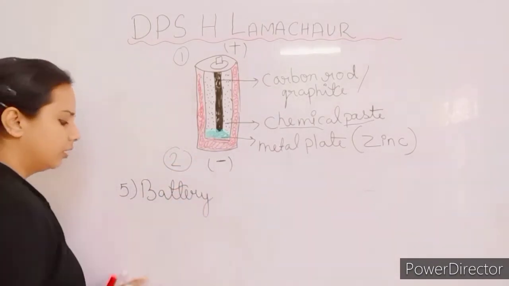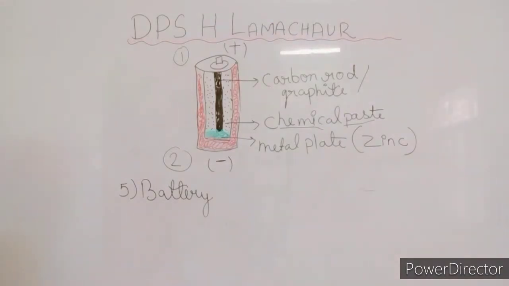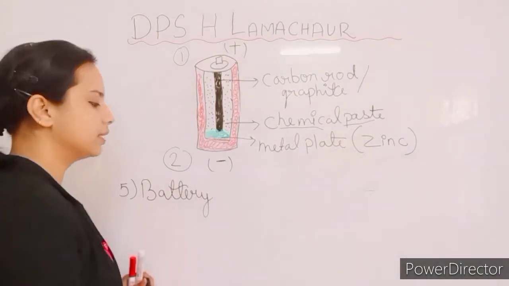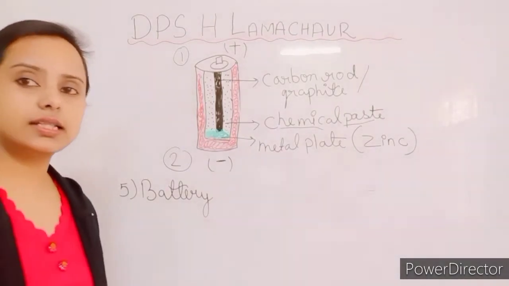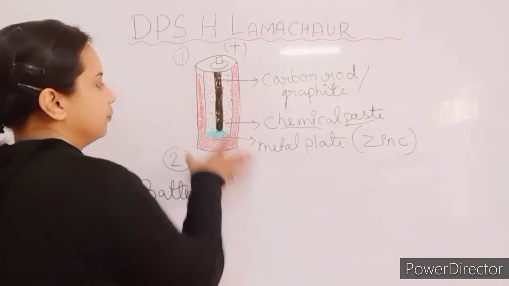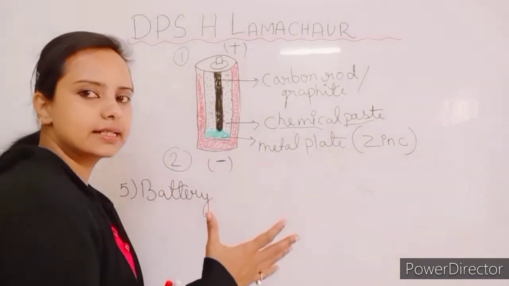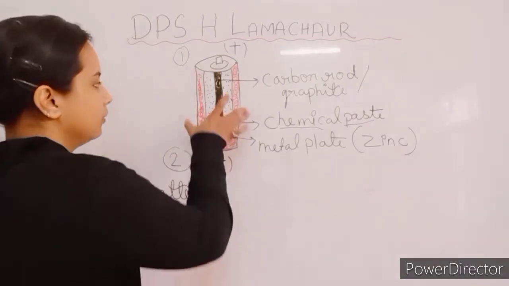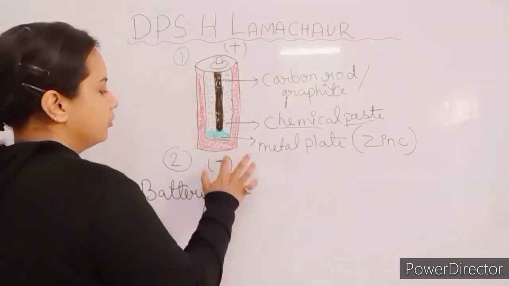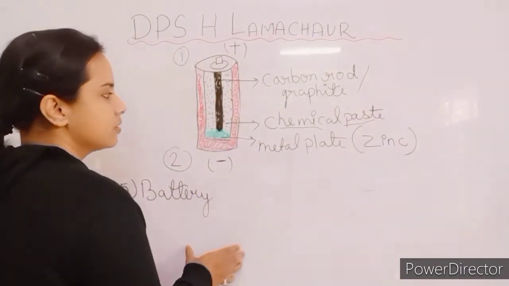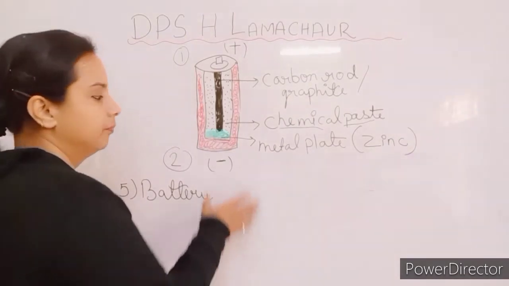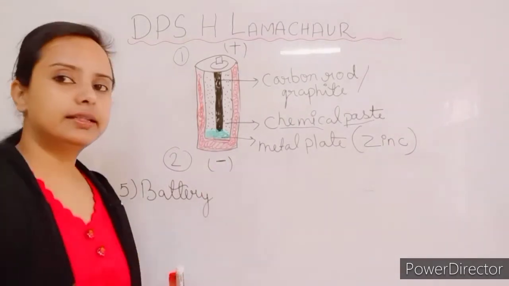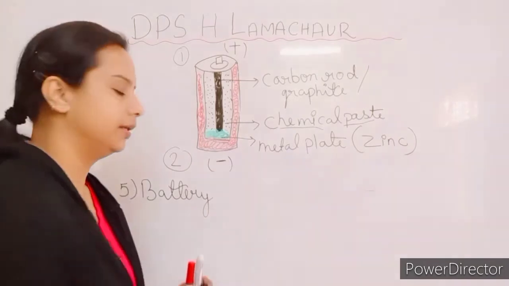Now the next topic is the battery. What is a battery? When two or more cells are joined together. For example, one cell, and after this one more cell, two cells, then these are known as a battery.